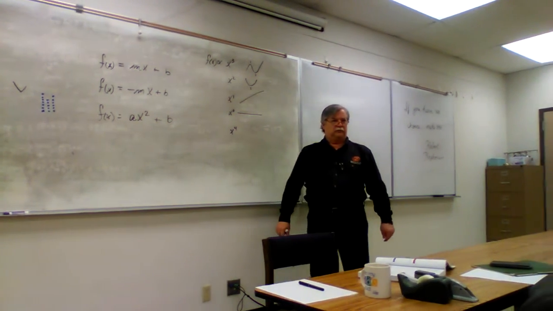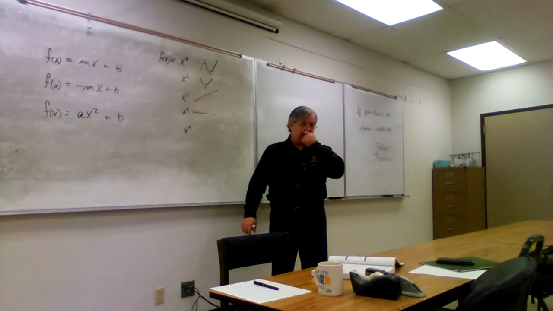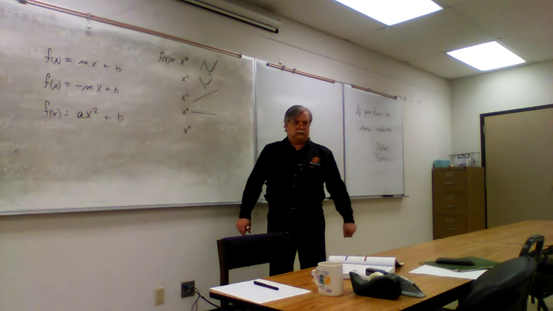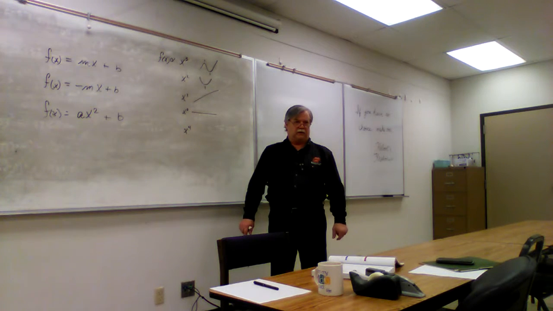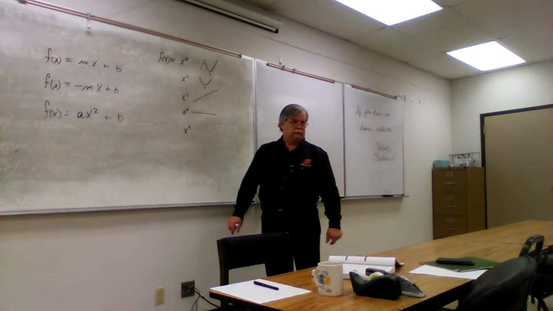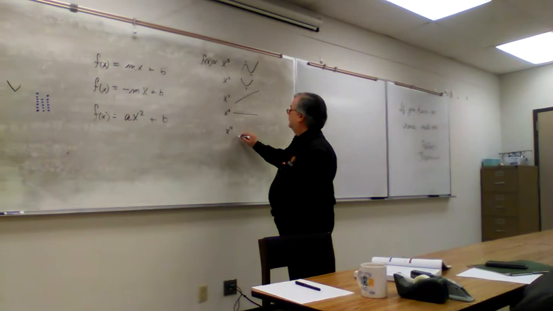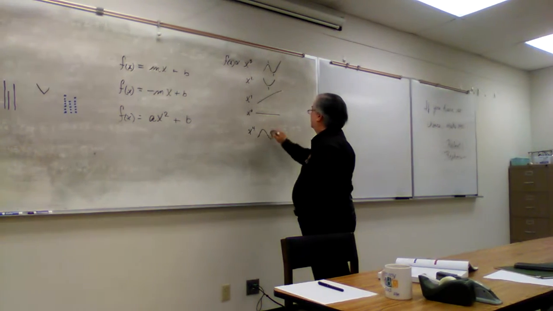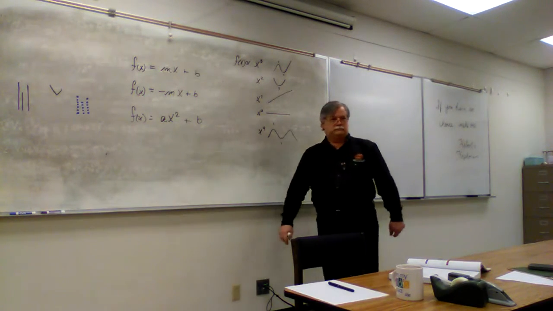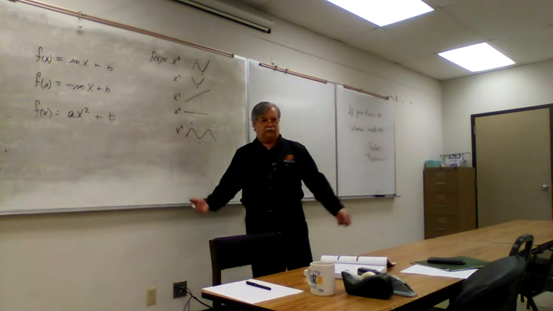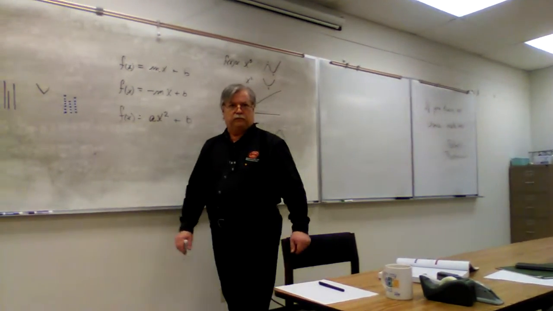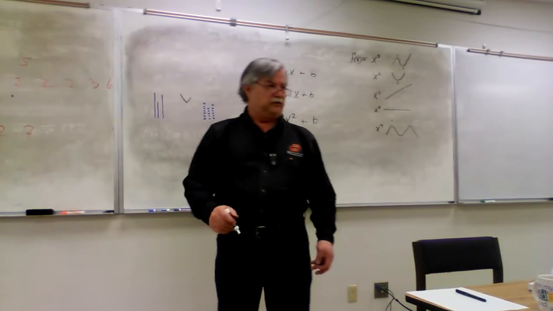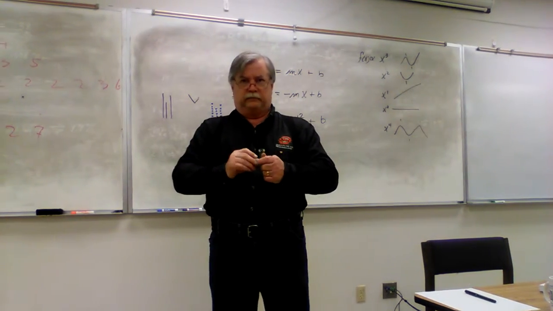Just off the top of your head, what would you guess you would have if you had x to the power of 4? You'd have 3 inversions. X to the power of 5, you would expect 4 of them. Okay? You can also have exponential and logarithmic.